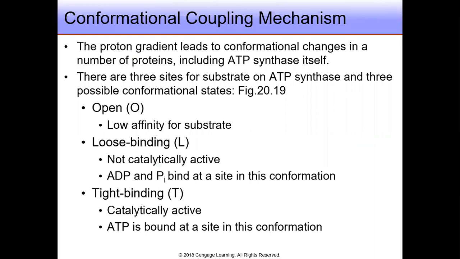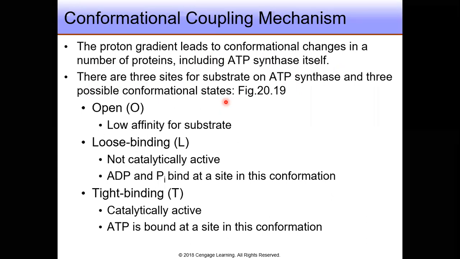Conformational coupling mechanism. Note that in conformational coupling, the proton gradient leads to conformational changes in a number of proteins, including the ATP synthase itself. There are 3 sites for substrate on ATP synthase and 3 possible conformational states.